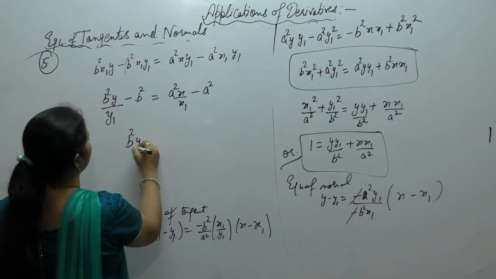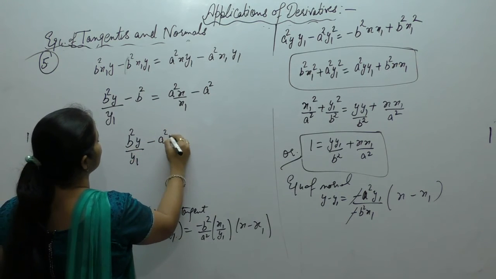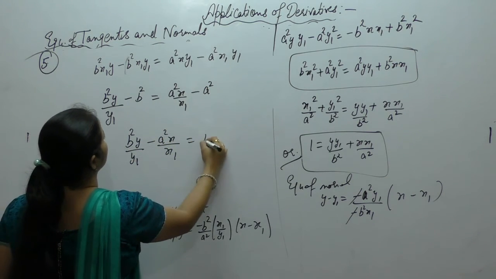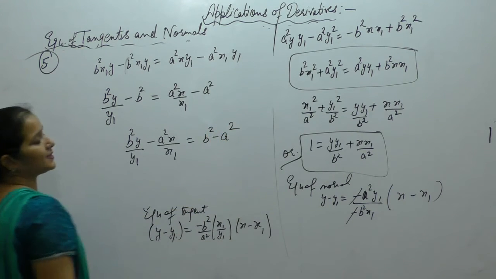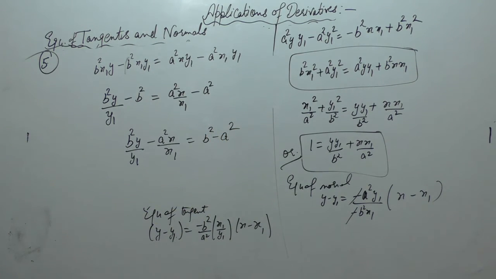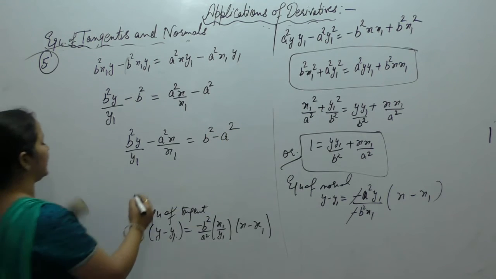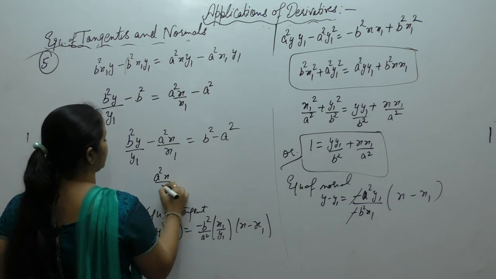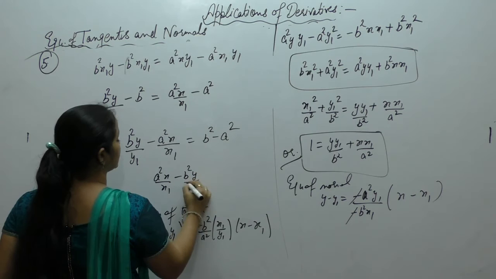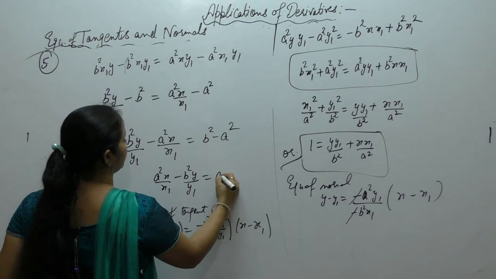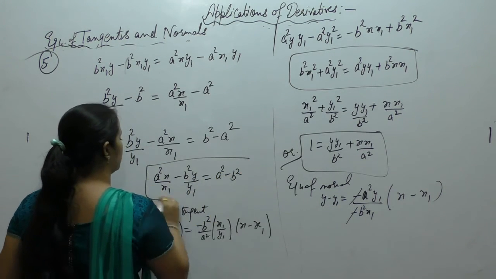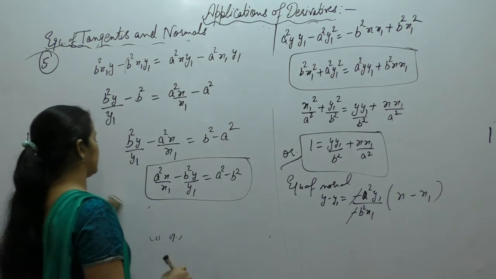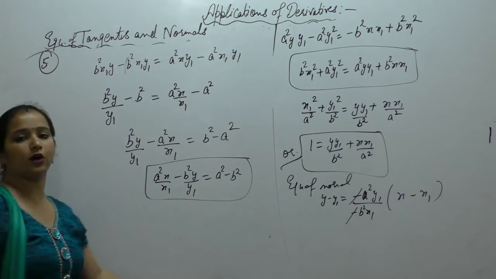Now b square y upon y1 minus a square x upon x1 equals b square minus a square. This is what we got, and we can write it as a square x upon x1 minus b square y upon y1 is equals to a square minus b square. Now this is the equation of normal.